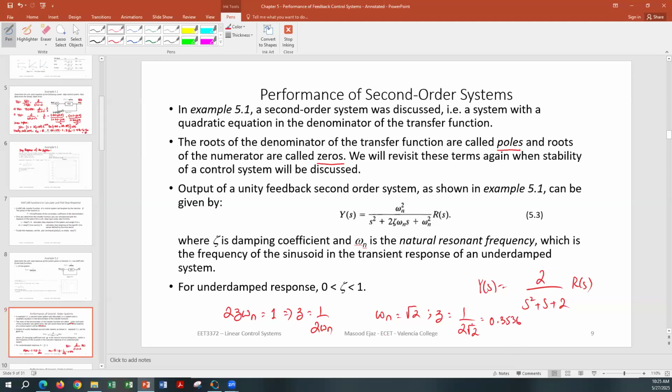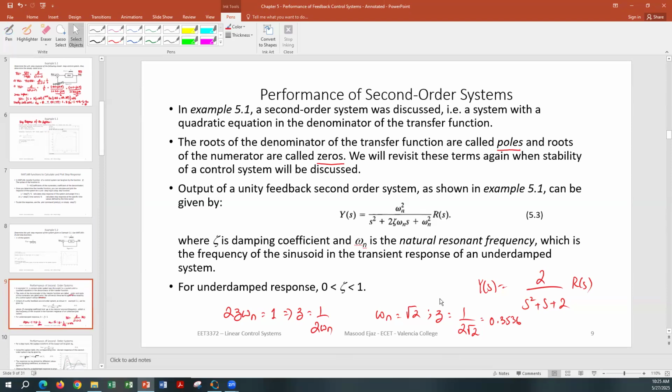All right, so if we use these values, it's pretty straightforward because this is actually written in terms of omega n square over omega n square. Now, remember in chapter number 2, there was a problem that we did based on this, in which the numerator was not equal to omega n square.